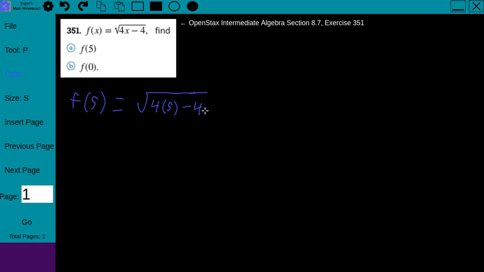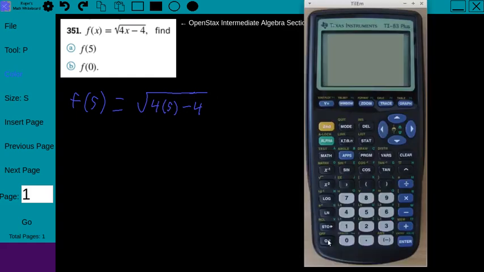So let's continue. The next step is pretty simple. Follow the rules for order of operations. 4 times 5 is 20. I'm just going to do it this way for now.